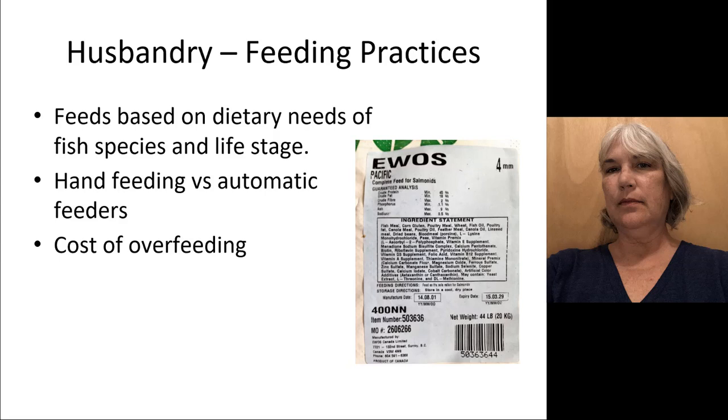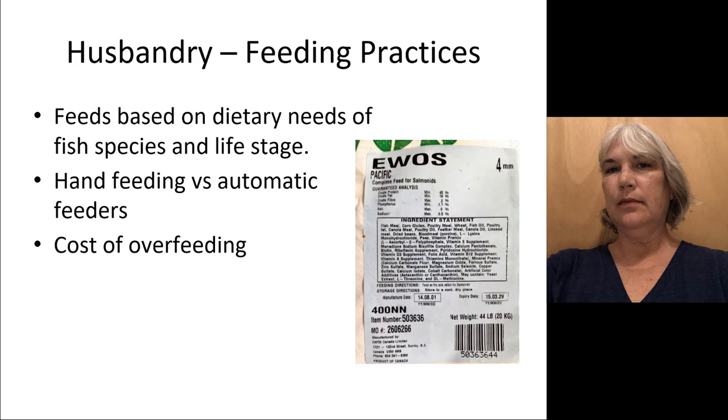This is also more expensive, so if your fish are just a means to the end, and your whole goal is to raise crops, then going to a cheaper feed that has a lower protein, as long as it fits the nutritional needs of the fish, is okay to use.